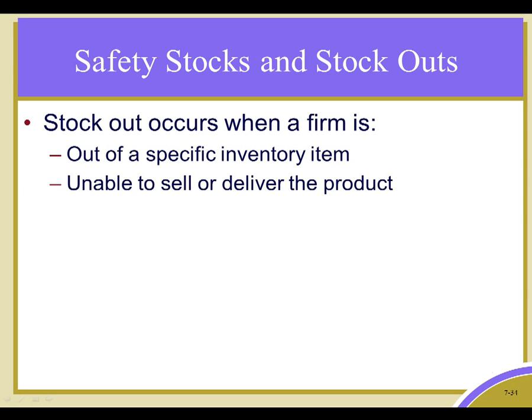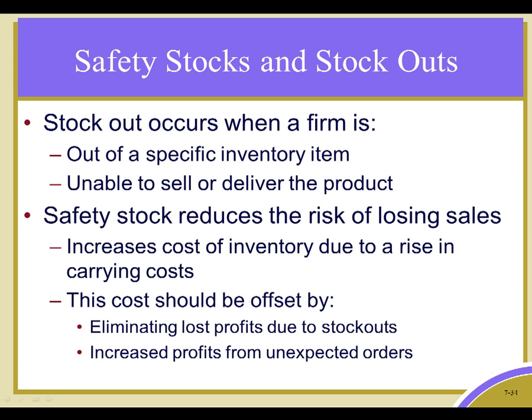So most firms would prefer to have relatively low probabilities that they're actually going to run out of the product that they're trying to sell. With that in mind, they may wish to hold a safety stock.